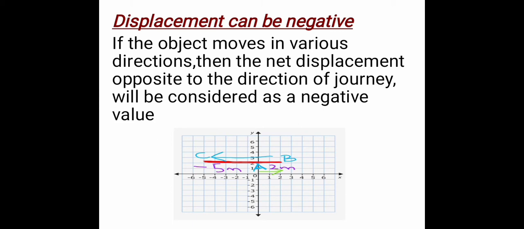Now, the final displacement made by the body is from A to C. Now, what is the distance from A to C? See, it is minus 5 meters. The final displacement made by the body is A to C, that is minus 5 meters, that is in the opposite direction. So, this is the condition where this displacement can be negative.